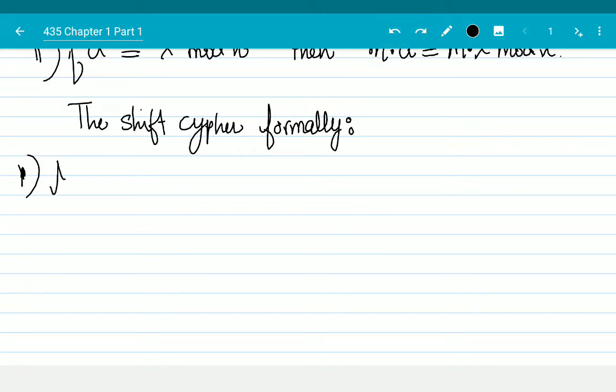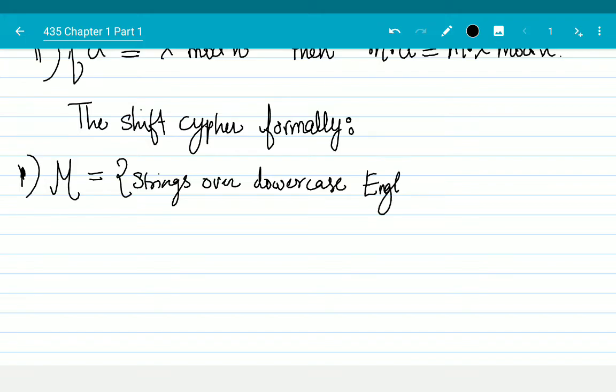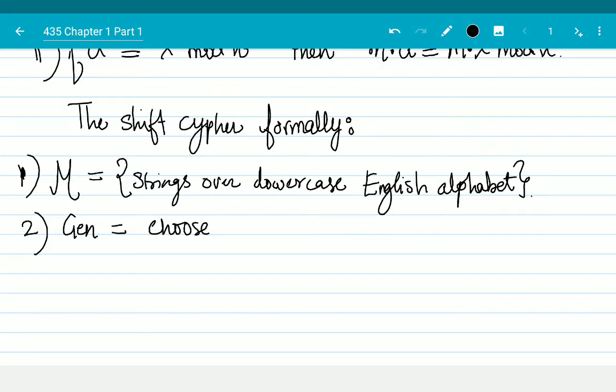So my message space is going to be strings over the lowercase English alphabet. Second, I need a generating algorithm: choose a uniform k in 0 to 25.